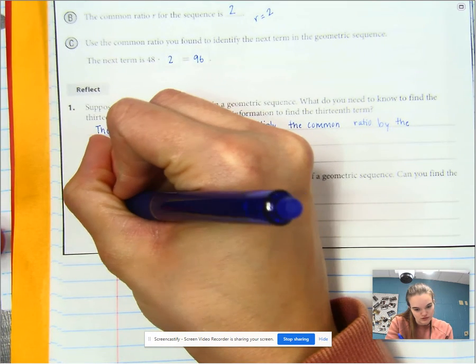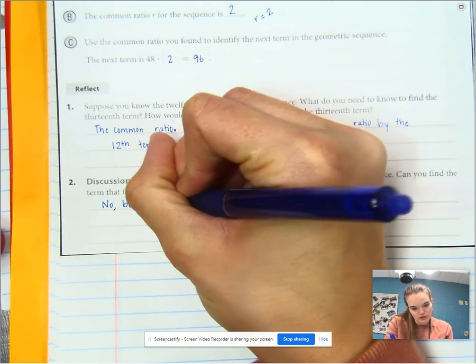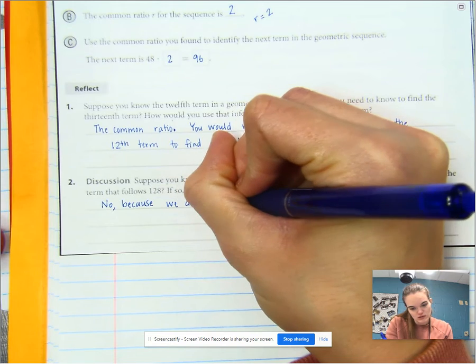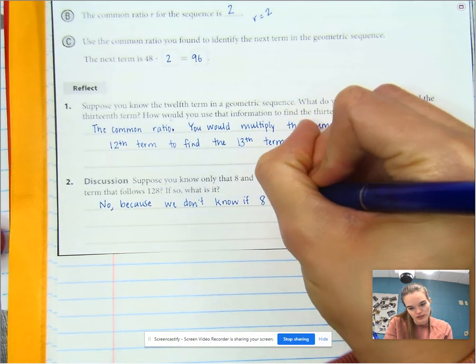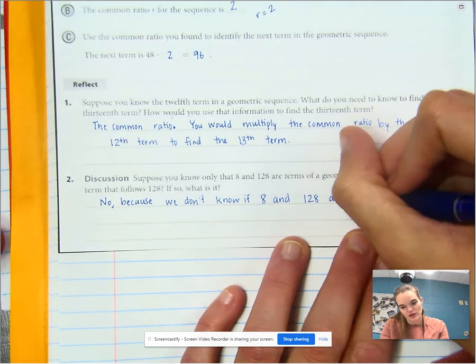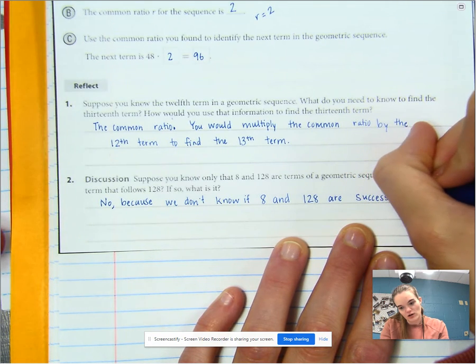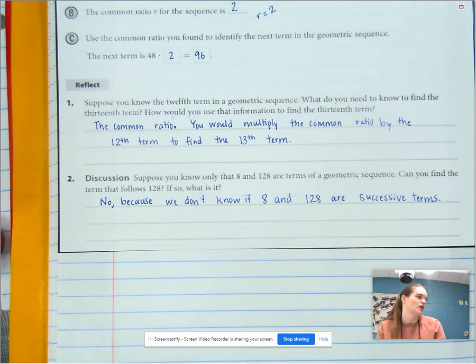No, because we don't know if 8 and 128 are successive terms, meaning do they come right after the other? If they are, then the answer would have been yes, but since we don't know, we have to say no.